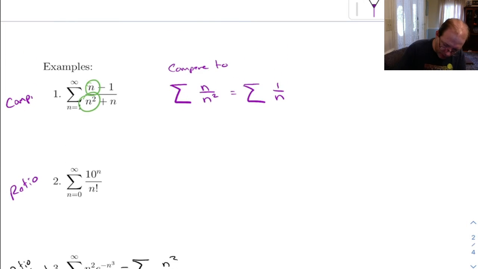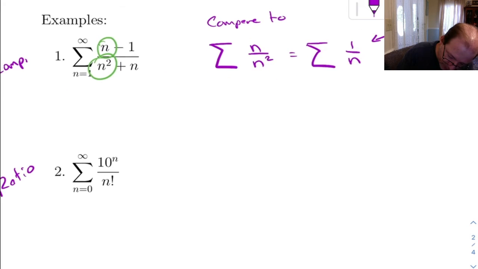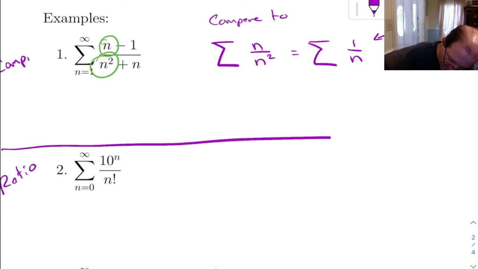But let's go back up here and look at these. This first one where I said compare it to 1 over n, we know that this thing over here diverges because that's the harmonic series, p-series with p equal 1. So if the comparison test works, well, let me just say this.